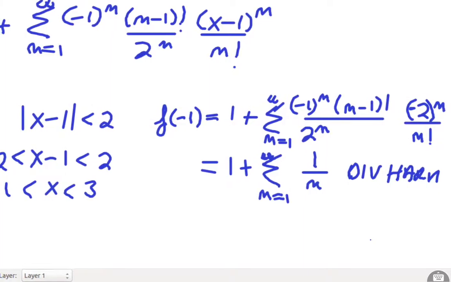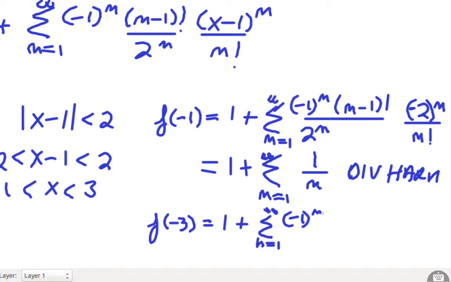All right, let's do the same thing for f of 3. What's f of 3 going to be? It's going to be 1 plus sigma, as n goes from 1 to infinity, of, it's still going to be negative 1 to the n times n minus 1 factorial over 2 to the n.